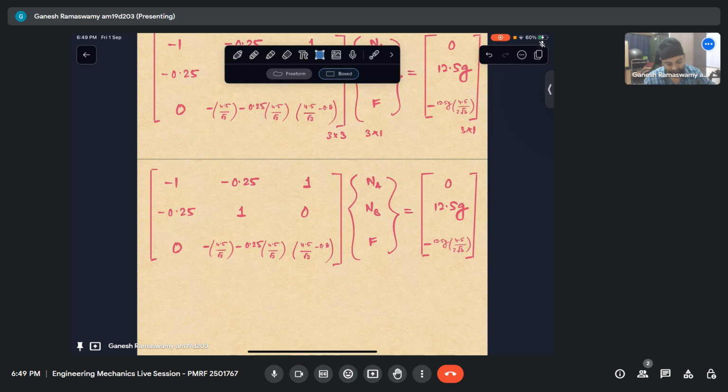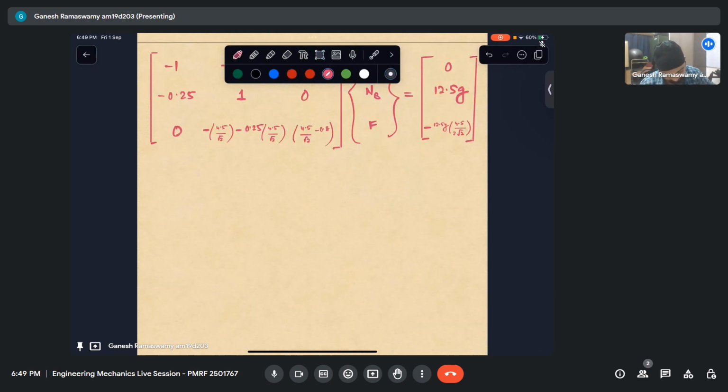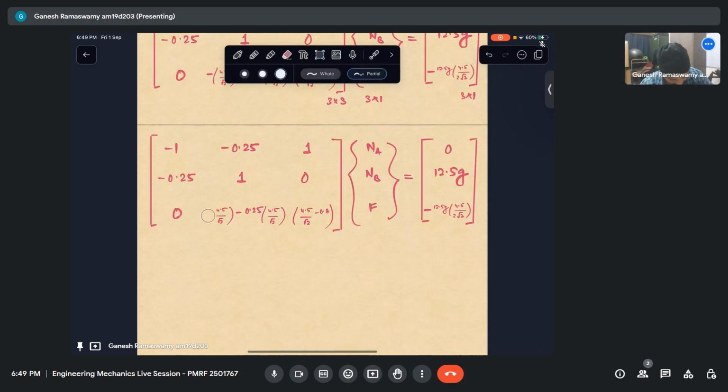So these two terms come out to be minus 3.9774, and this comes out to be 2.3819. And let us go ahead and solve this also.